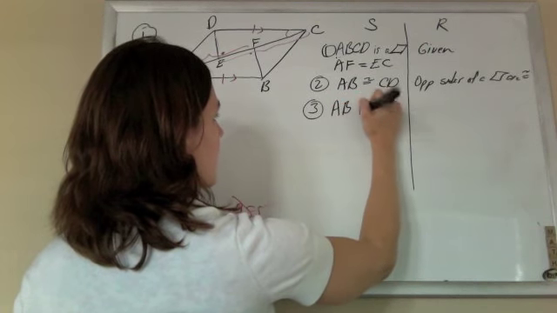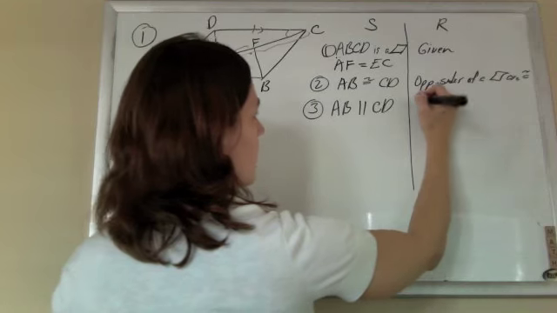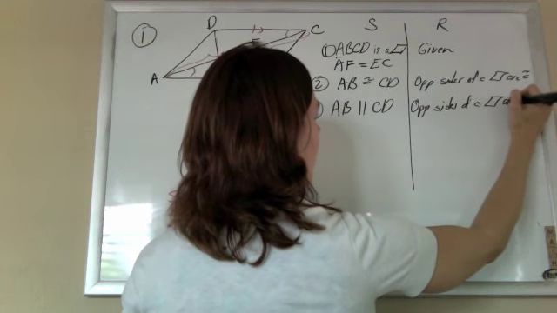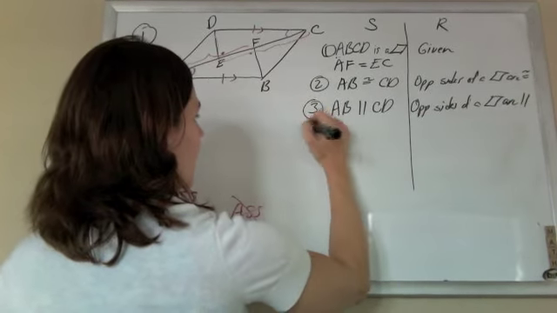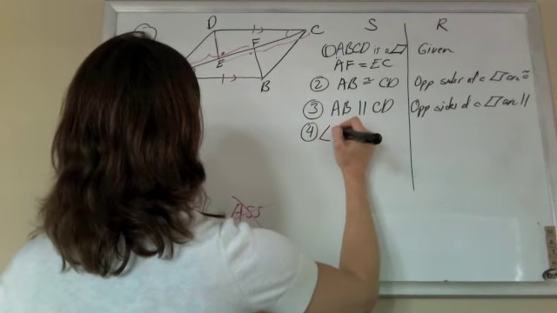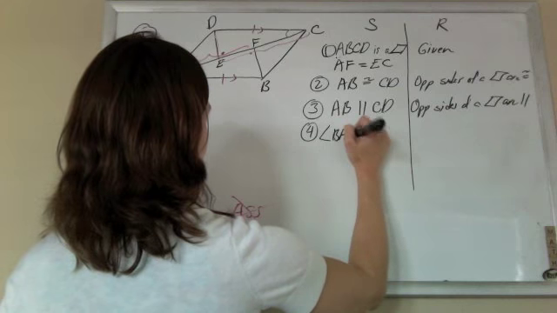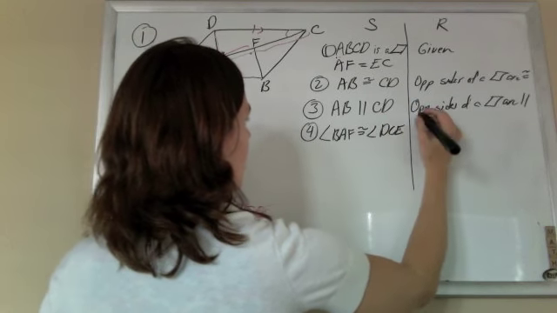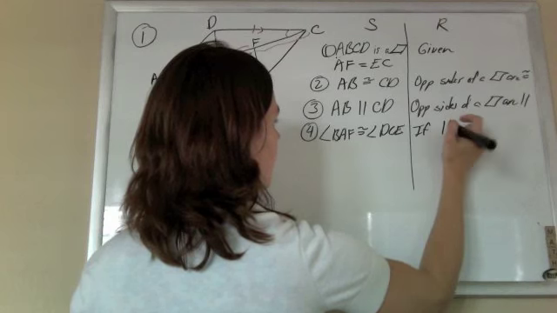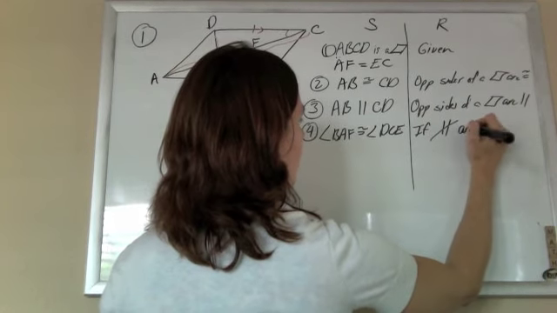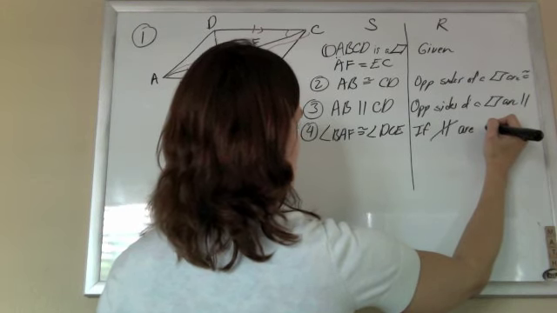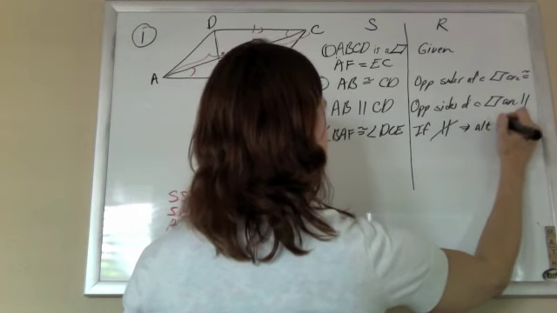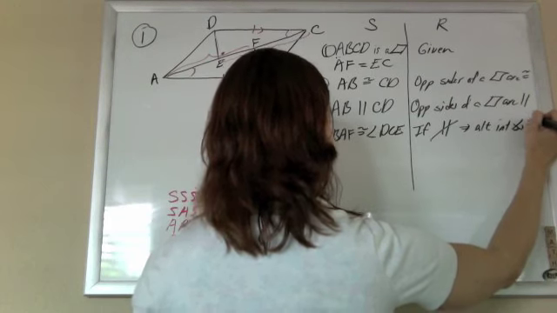We also said that AB was parallel to CD because opposite sides of a parallelogram are parallel. And that allowed us to say that angle BAF was congruent to angle DCE because if parallel lines are cut by a transversal, then the alternate interior angles are congruent.